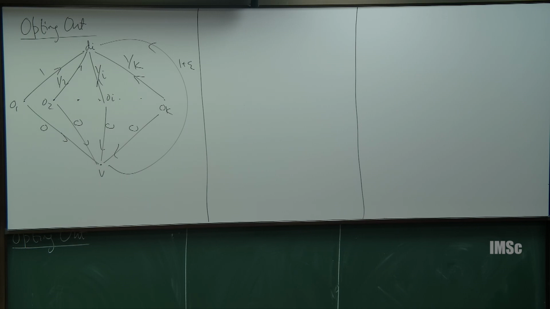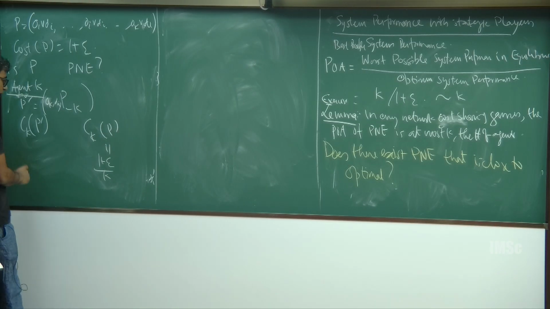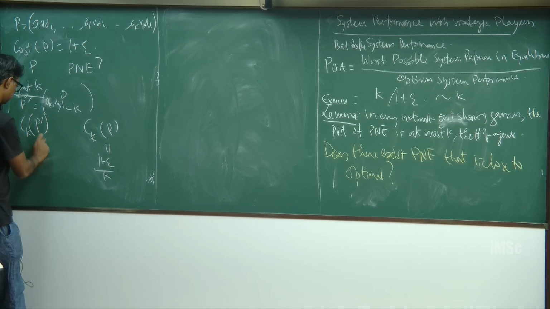Right. So, let us call this P prime. What is the cost of K in P prime and what is the cost of K in P? So, this is 1 plus epsilon by K, everybody equally shares, but here how much is it? 1 over K. Right.